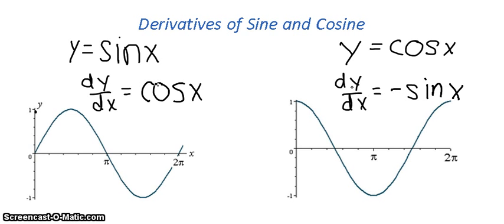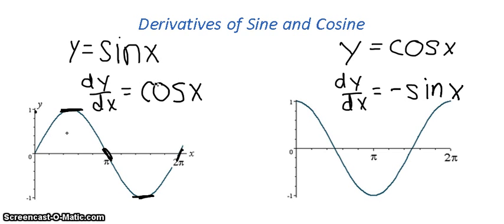And we know that the derivative is the slope of the line tangent to the graph, so this should make sense if we look at it graphically. For example, if we go over here on the sine graph, the slope right here is 0. Slope here would be negative 1, positive 1.